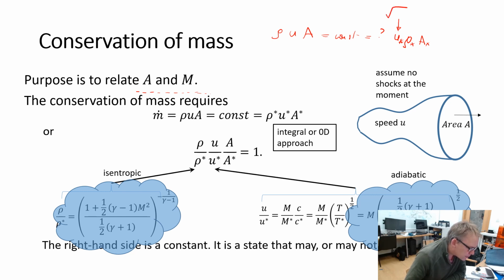We can estimate what that's going to be. That's going to be the square root of gamma R T star. But this is obviously a value that may not exist at all, but is a kind of floating variable. So we've got our rho UA, and we set that equal to a constant, and for arbitrary reasons we set that to be U star rho star times A star. A star may or may not be physical. We'll see in a minute what the consequences are.